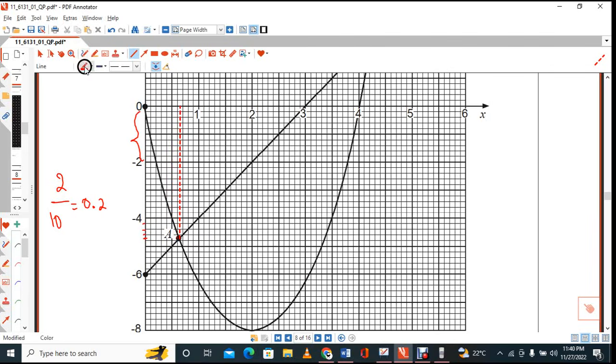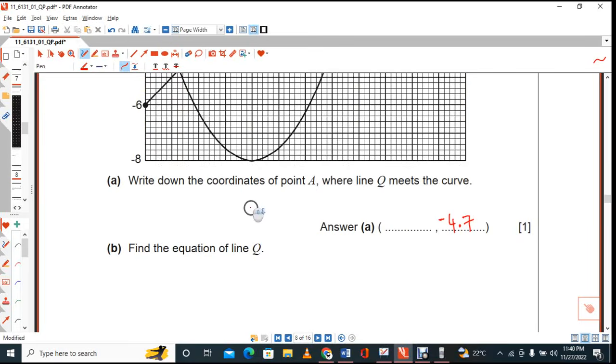Once you read down that x value, you probably also realize that one block here just represents 0.1. So that's 0.1, 0.2, 0.3, 0.4, 0.5, 0.6. So can you see that it's 0.65? So 0.65. Again, for that one, we'll be accepting a range here. Okay, 0.65.